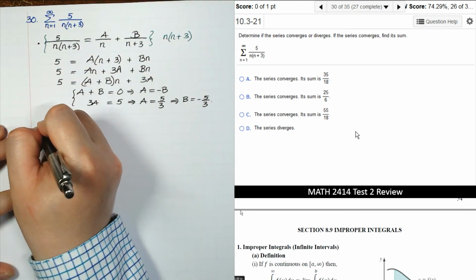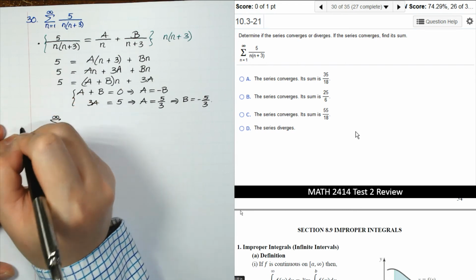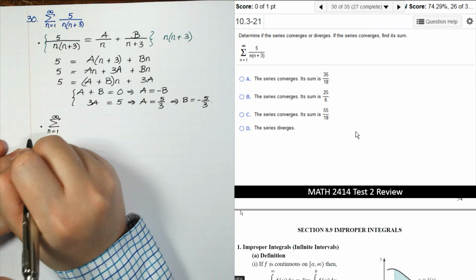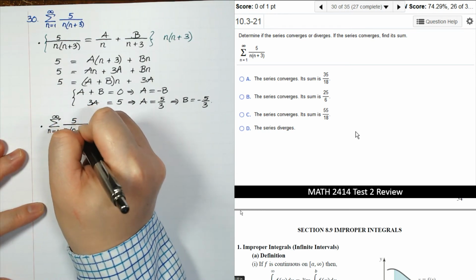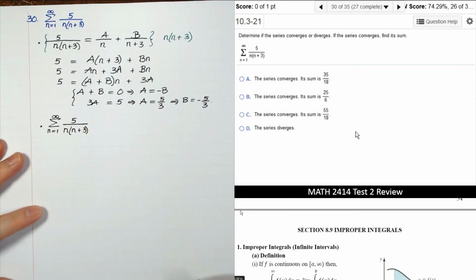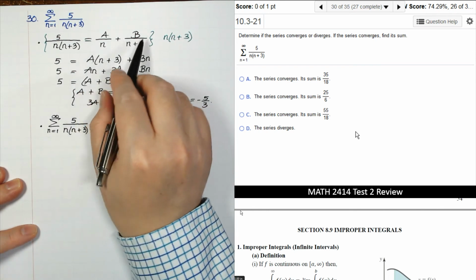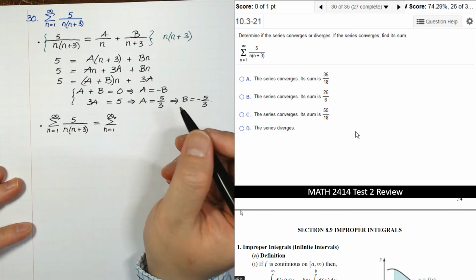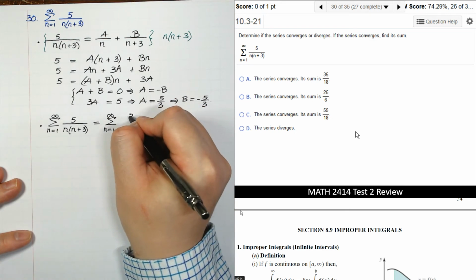So back to the sum. Later on we can see that this one is convergent. We need to find the sum. Alright, let's split. Five-thirds for a.